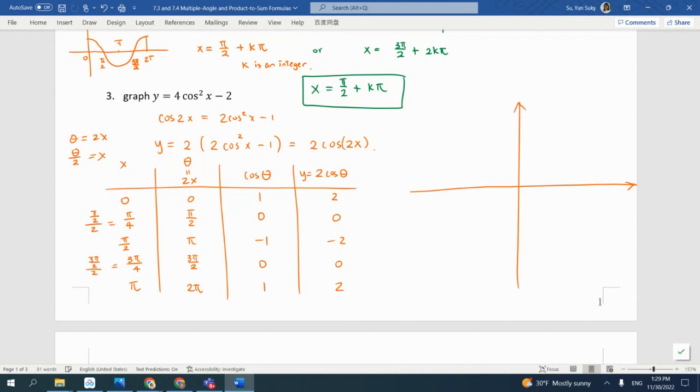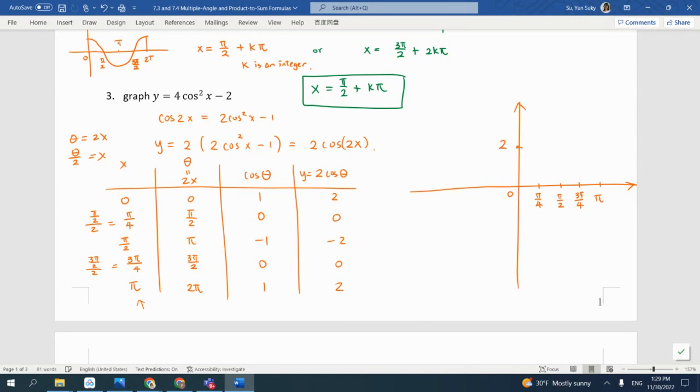Okay. From 0, it's at most pi, so you can put pi here. Half of pi is pi over 2, and half of that is pi over 4. And the middle of pi over 2 and pi is 3 pi over 4. And then you look at your x values and the y values. Right, everybody? When x is 0, we get y is 2. So where's 2?